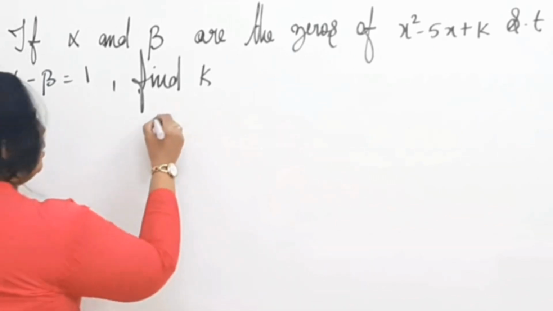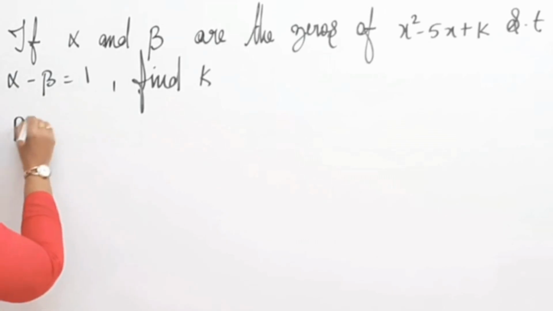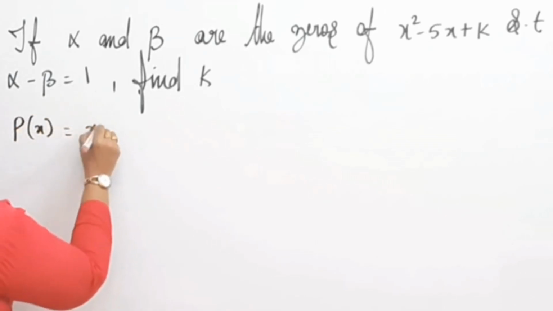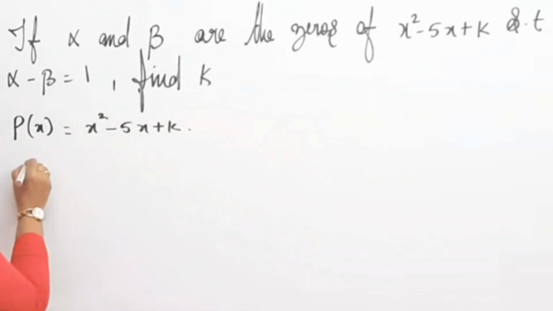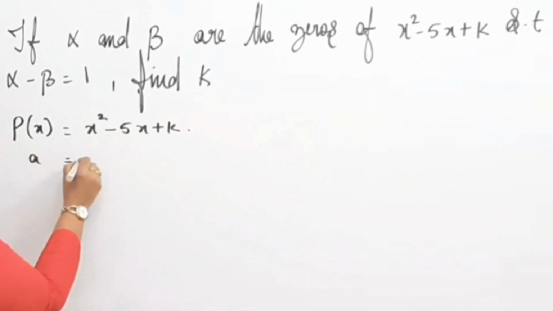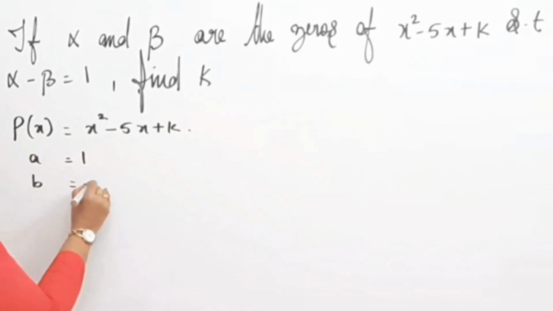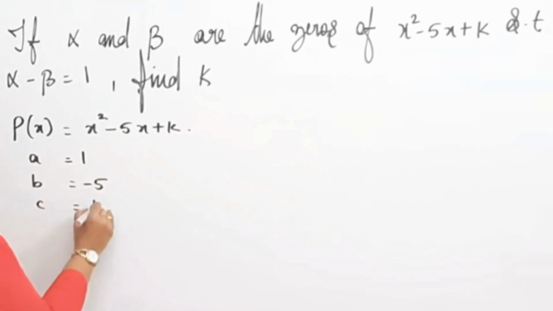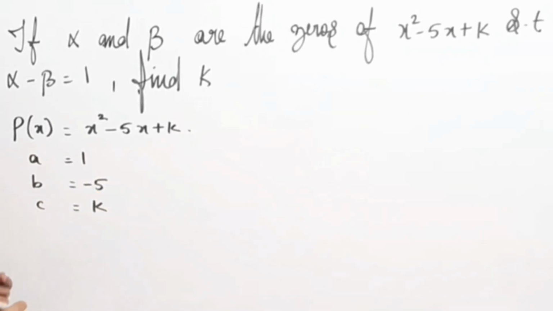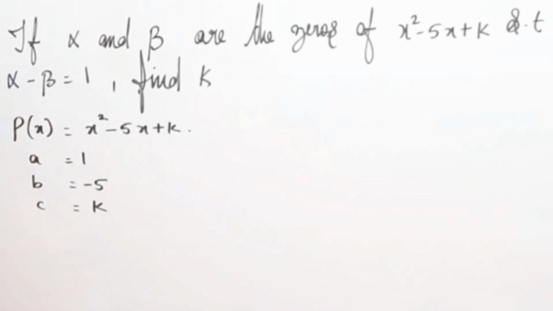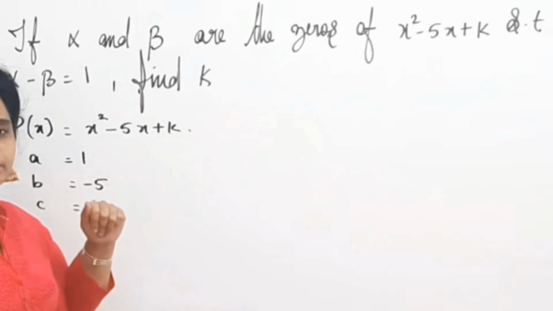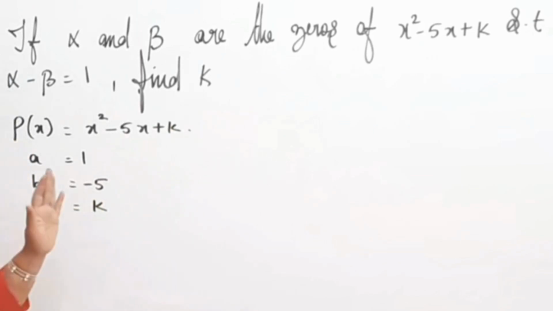Let me have my P of x is equal to x squared minus 5x plus k. So, let me have my A is equal to 1 here, B equal to minus 5 and C is equal to k. I cannot find the zeros here. Why? Because it's constant. K is unknown. So, I cannot go for splitting the middle term or quadratic formula. Nothing can be done.